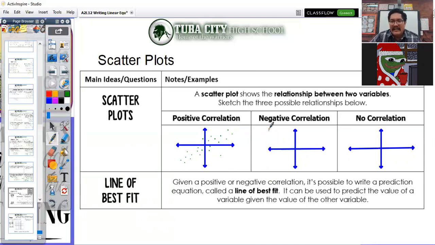And here we have a negative correlation. A negative correlation would look something like this. I'm trying to think of something that changes a little bit each time, something that goes down.